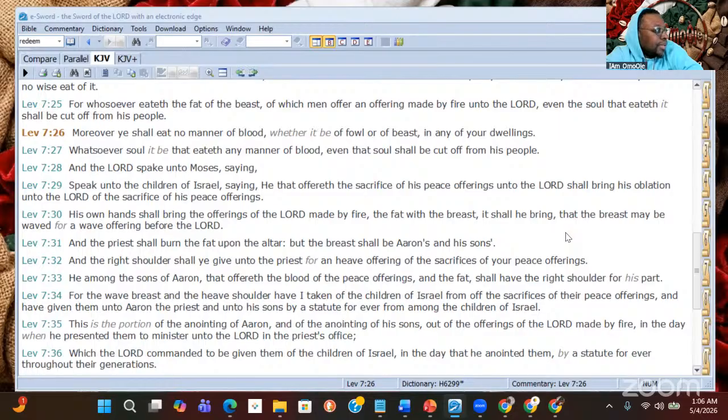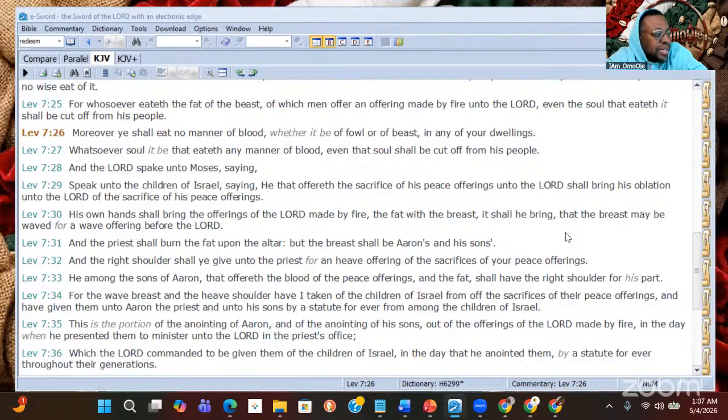And Jehovah spake unto Moshe, saying, Speak unto the children of Israel, saying, He that offereth the sacrifice of his peace offering unto Jehovah shall bring his oblation unto Jehovah of the sacrifice, or the zebach of his peace offering. His own hands shall bring the offerings of Jehovah made by fire.